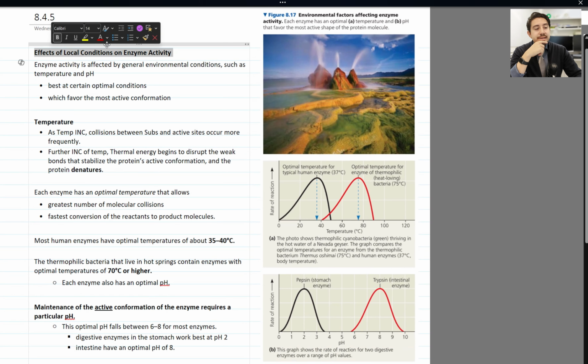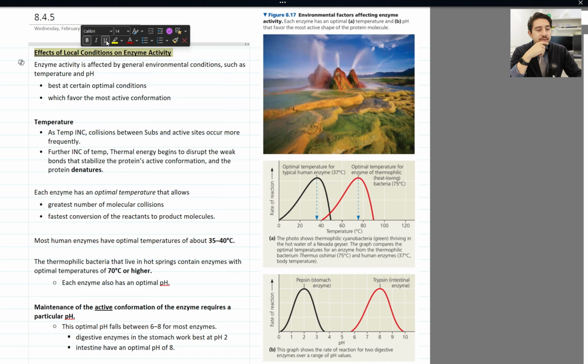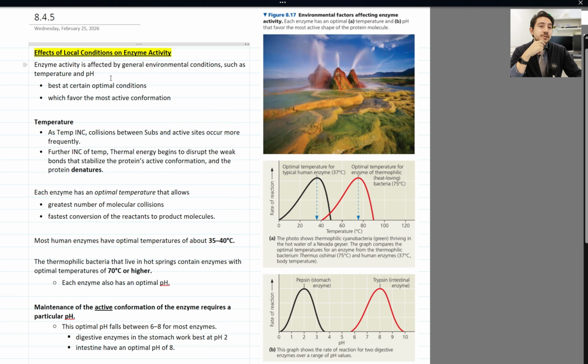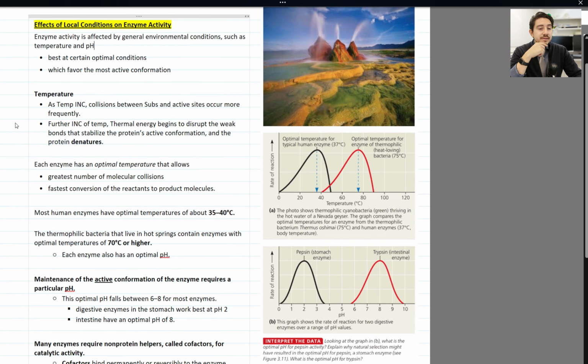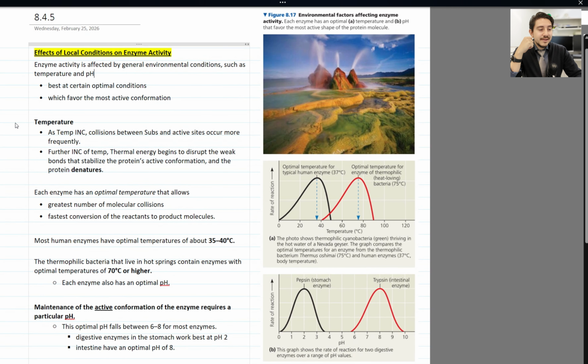Effects of local conditions. I want to highlight this. I've seen this on tests. It's a very standard and critical thing to note: basically, how the environment affects enzyme activity. Definitely, enzyme activity is very sensitive to environmental conditions.